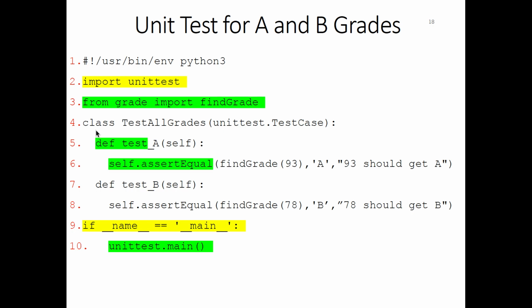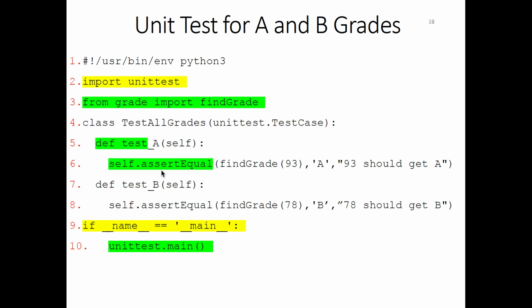So we have created this testing suite, and inside it we created two functions. This test A is to test whether score 93 will give A. A very common function to use is assertEqual. This is self, which means the assertEqual function was inherited from unittest.